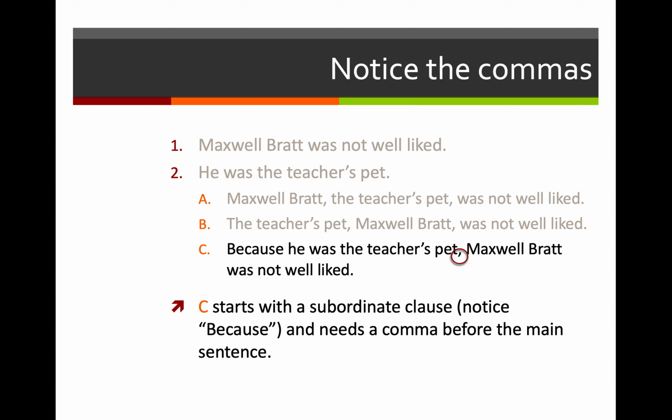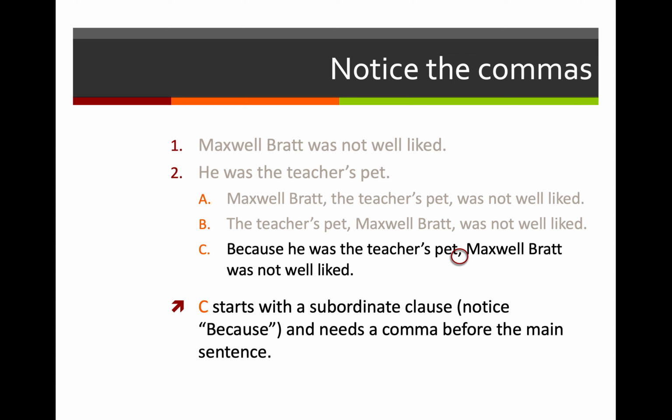Sentence C is quite different. It's got a subordinate clause to start the sentence off, and then a comma, and then the main event. The reason it's a subordinate clause is the word because. If we take off the word because, he was the teacher's pet could stand alone as a sentence, but with it on there, it's a subordinate clause and we need that comma.